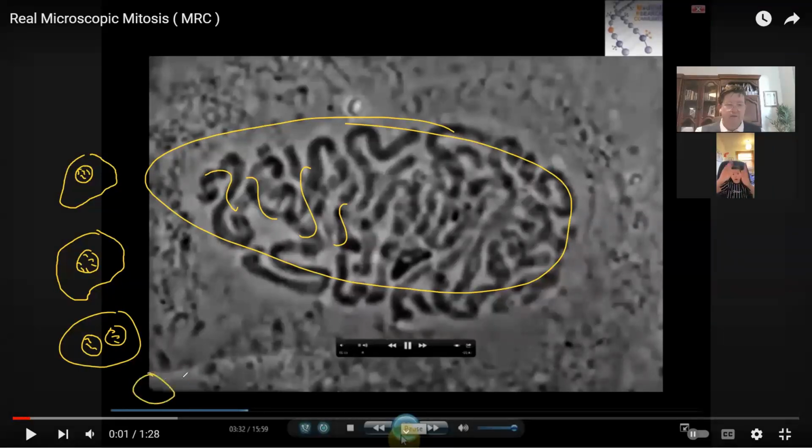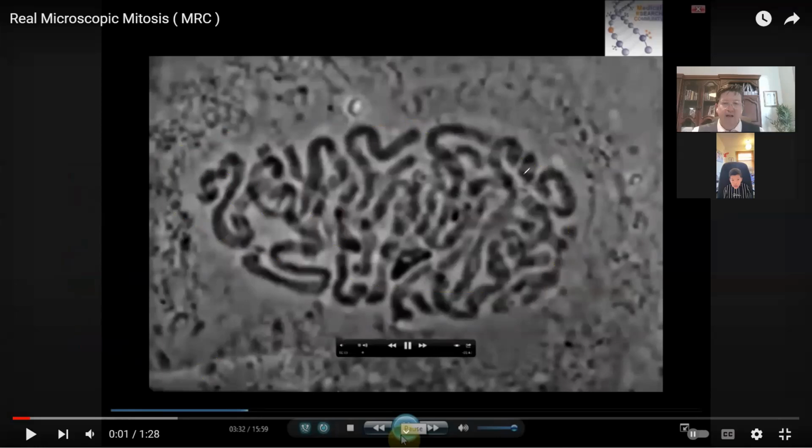So like it'll be like a fried egg? Yeah, but you get 2 fried eggs from one. All right, so 1 fried egg splits into 2. Now this that you're looking at here is the nucleus splitting into 2, and inside those wiggly bits are the chromosomes.